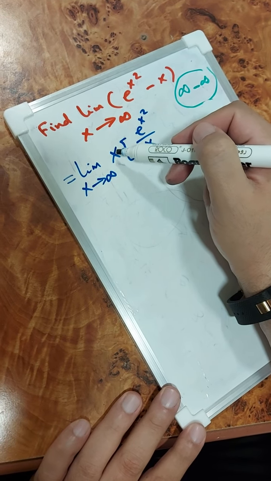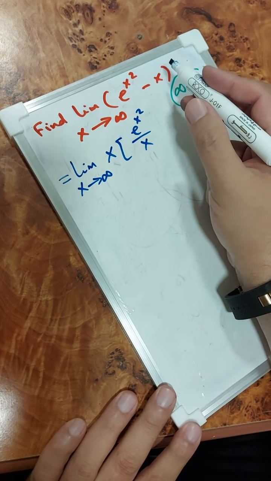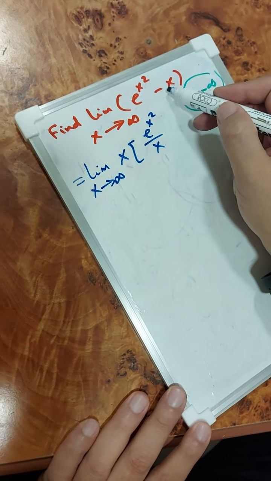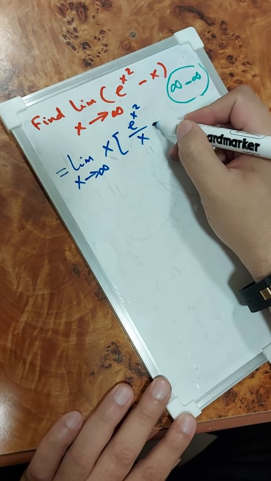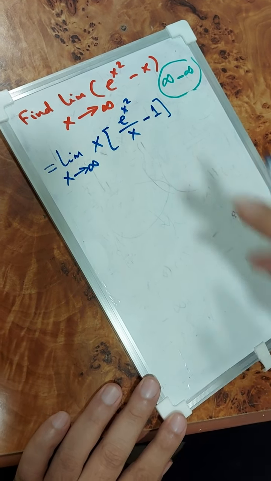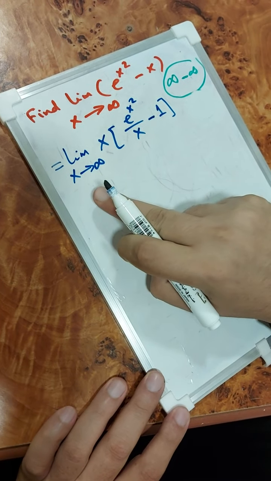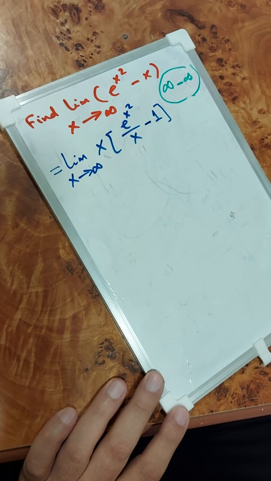If we again multiply x by this term, we will obtain e power x square. Also, if we take x from the second term as a common factor, the remaining part is 1. So this limit is reduced as follows: limit of x multiply this bracket as x approaches infinity.